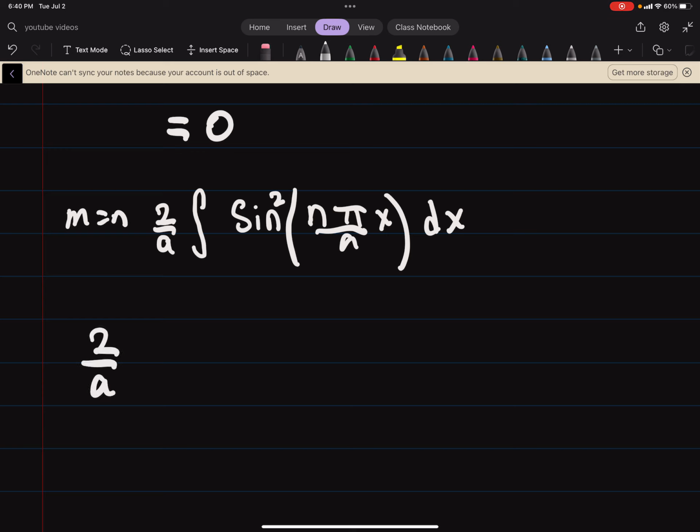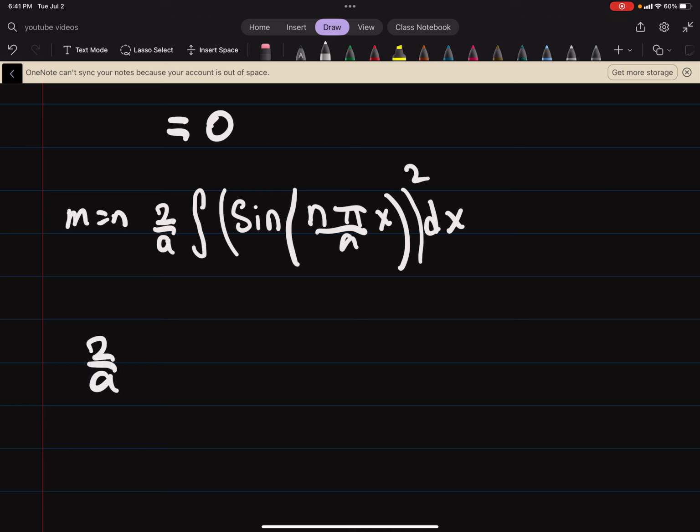Let's just do the u sub instead of trying to guess it. So that's 2 over a.